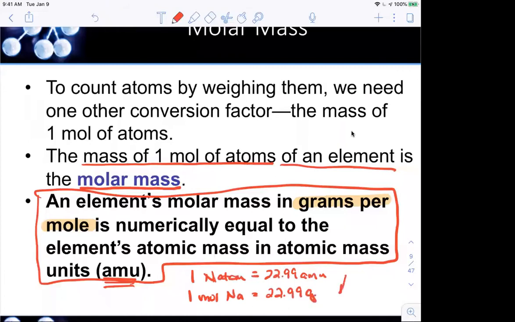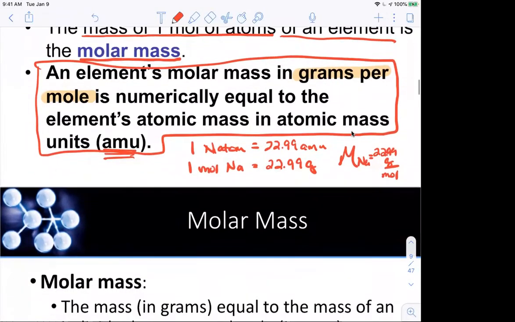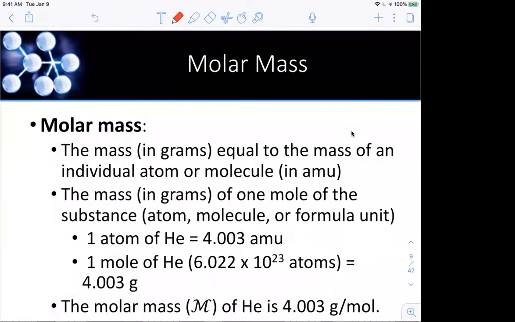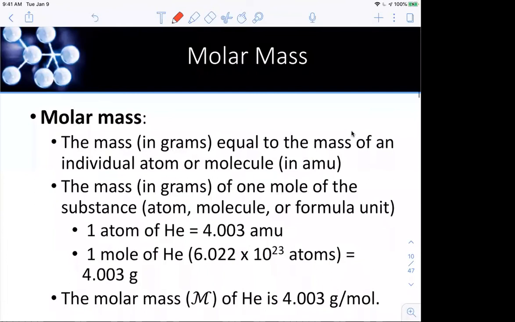So the molar mass of sodium is going to be 22.99 grams per mole. And that's an important distinction to make between AMU and grams per mole. So we're going to go over it a couple more times.